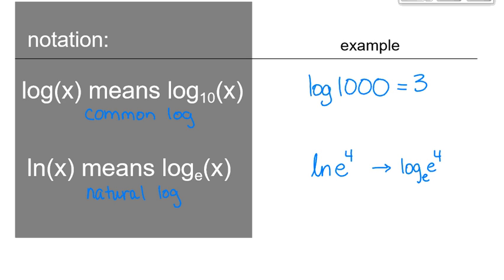And then to figure out what that is, you would say to yourself, e, my base, raised to what power would give me e to the fourth? Well, I guess just 4. e raised to the fourth gives me e to the fourth.